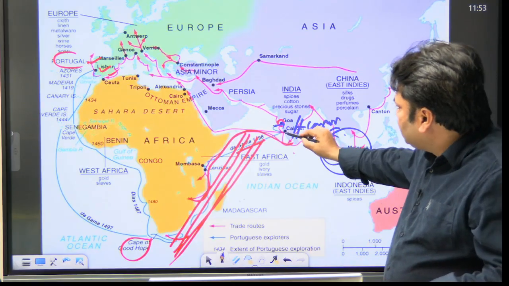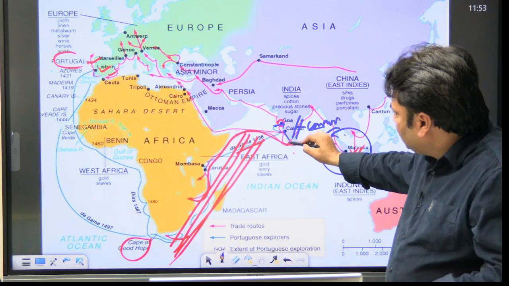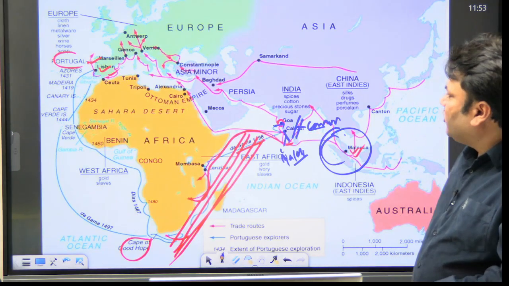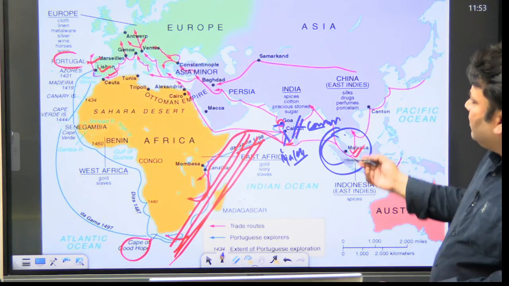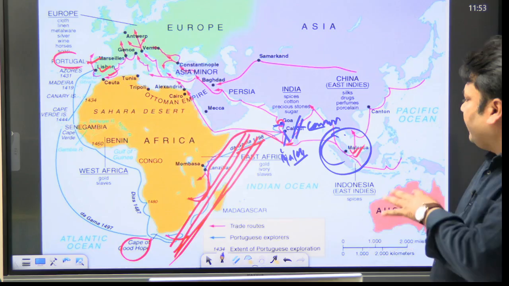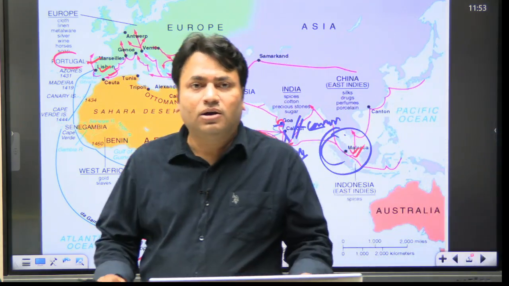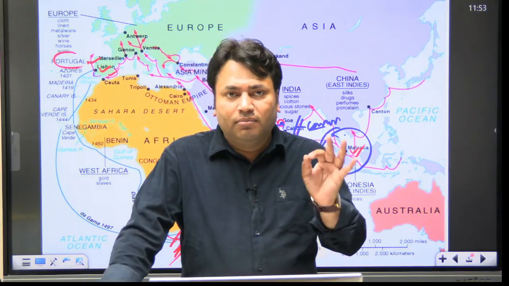The Dutch presence in India can also be marked here. On the Malabar coast there are important trade settlements. In Bengal also there is Dutch presence. But the main presence can be seen on the Coromandel coast and Malabar coast.